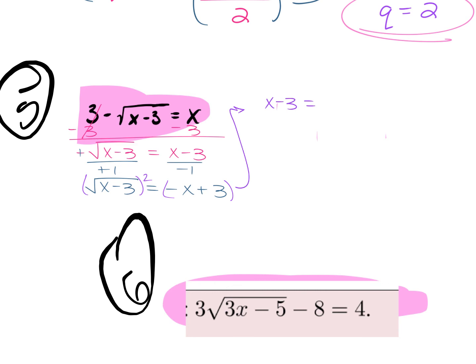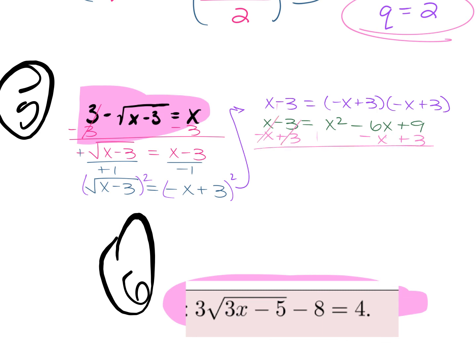Okay, so here, let's do it this way, so that way you can see it. You have negative x plus 3 times negative x plus 3. So that's going to give you x minus 3 is equal to x squared minus 6x plus 9. Move your x over, move your 3 over.